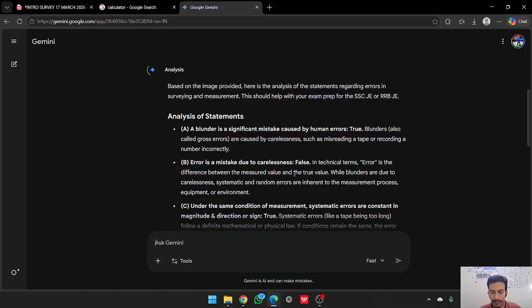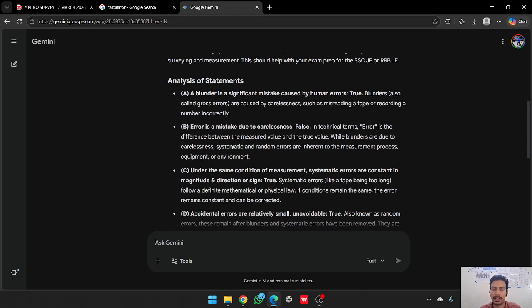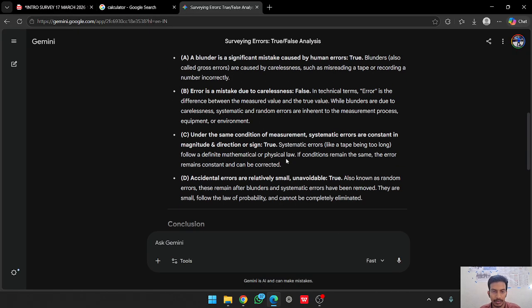Now see which option is correct. Error is a mistake is false. A blunder is a significant mistake caused by human error: true. Blunder is also called a gross error. Error is the difference between the measured value and the true value, while blunders are due to carelessness.